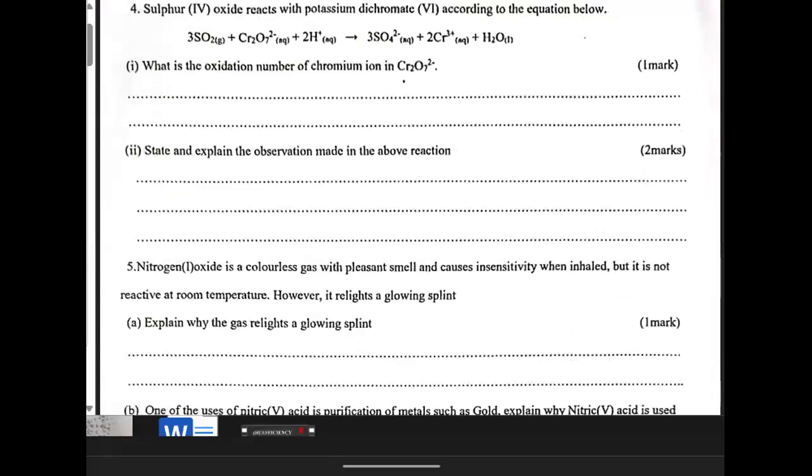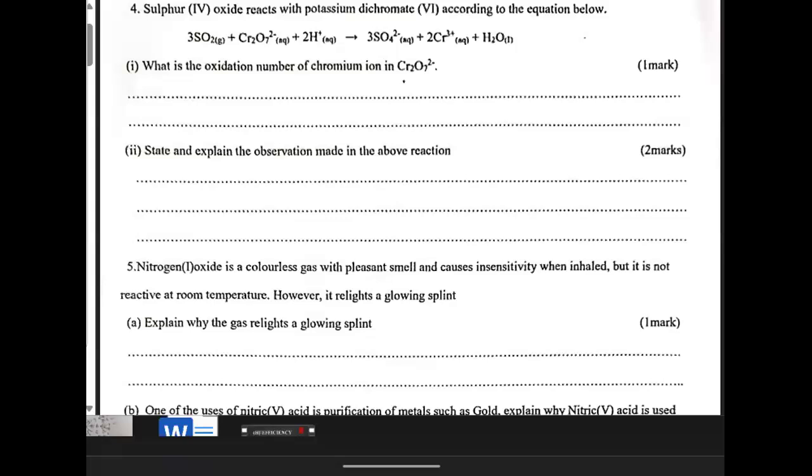Sulfur 4 oxide reacts with potassium dichromate as the equation you can see. Sorry, I was just asking, can you please repeat the equation between lead oxide and sodium hydroxide, please?